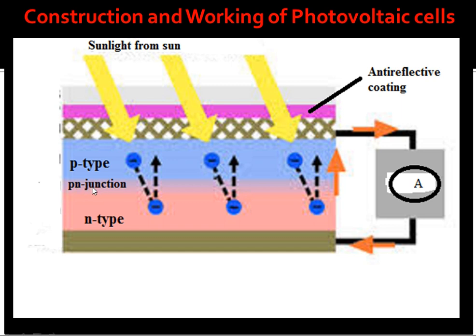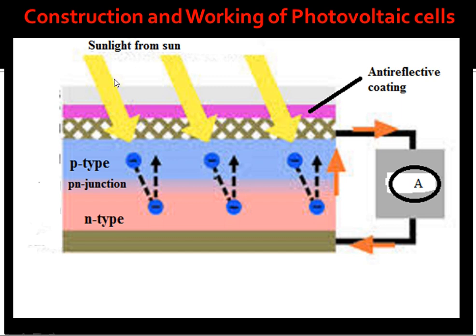Due to the formation of this PN junction, electrons are continuously stimulated, ejected and migrated from one type to the other. These electrons are called light stimulated electrons.